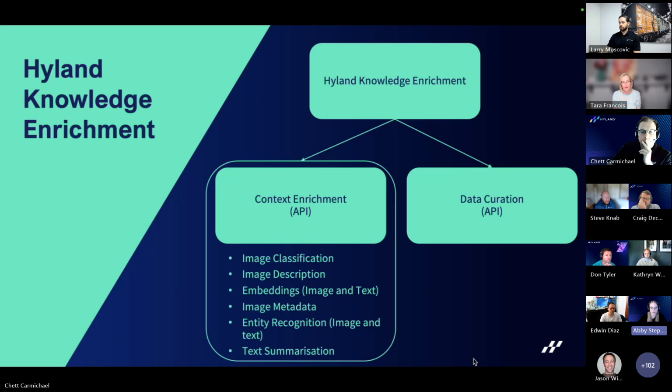Image metadata, which creates structured metadata about the image based on its contents and any provided example metadata. Entity recognition, which identifies specific entities visible in an image, like people, organizations, locations, etc., and text summarization, which condenses long documents into brief summaries that capture key information.